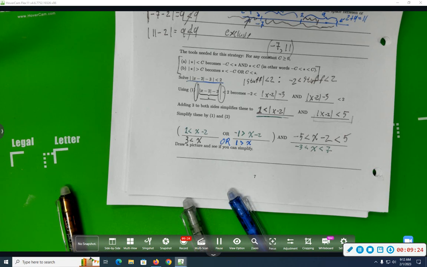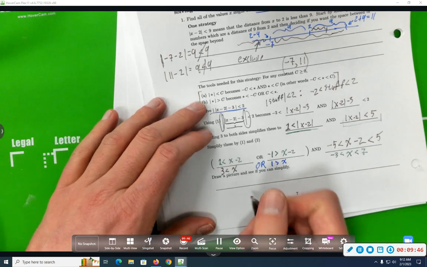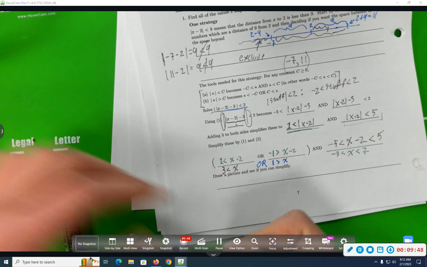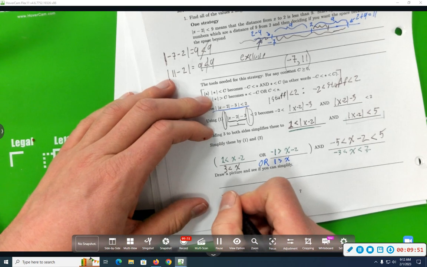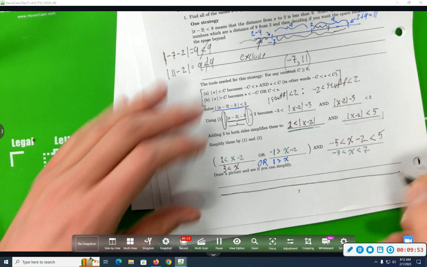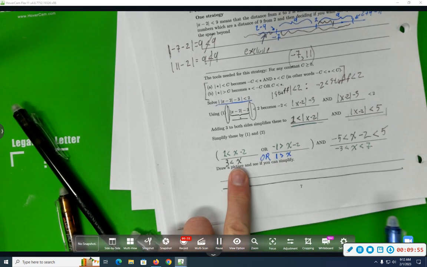So we have this string of logical statements. Let's try to translate it to something involving intervals. Now let's do that by drawing each of these one at a time and figure out where this thing is true. So maybe I'll get myself more lines. Draw these on individually. All right, so I see 3 is less than x.